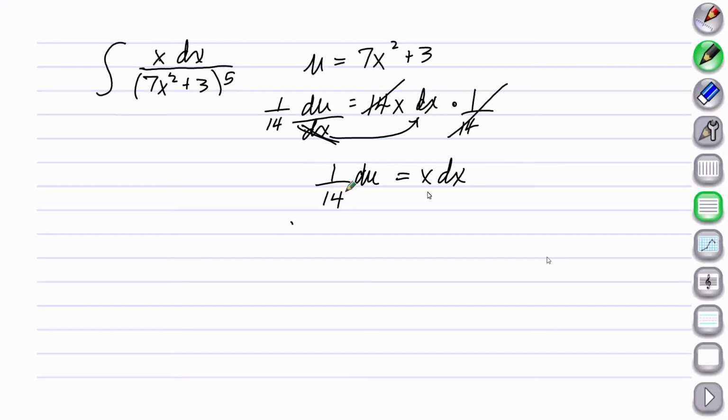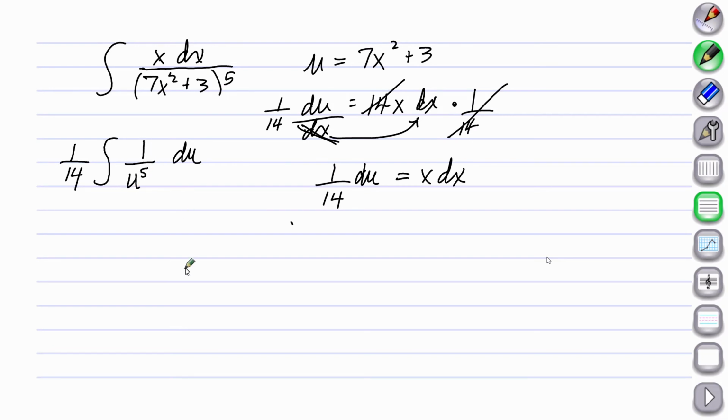I can kind of visualize what I got here. So it looks like I'm already ready to substitute in for x dx. We're going to write that as 1 over 14, I'll put that on the outside, and then du. And then this is going to be the 7x squared plus 3 that was on the bottom, so I'm going to put that as u to the 5th.